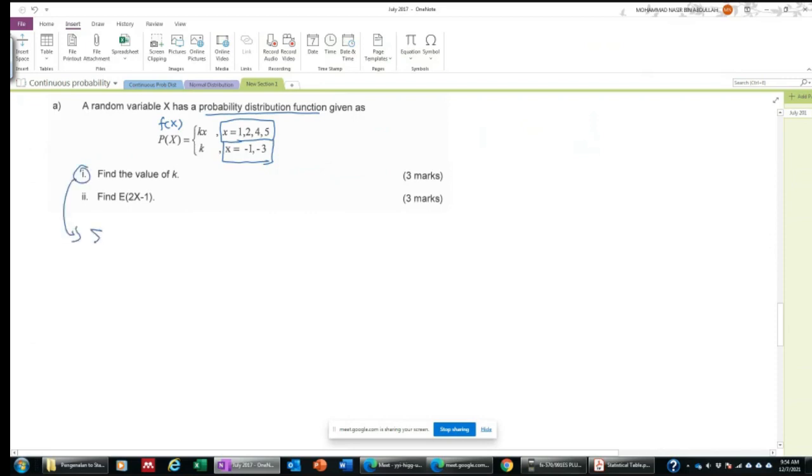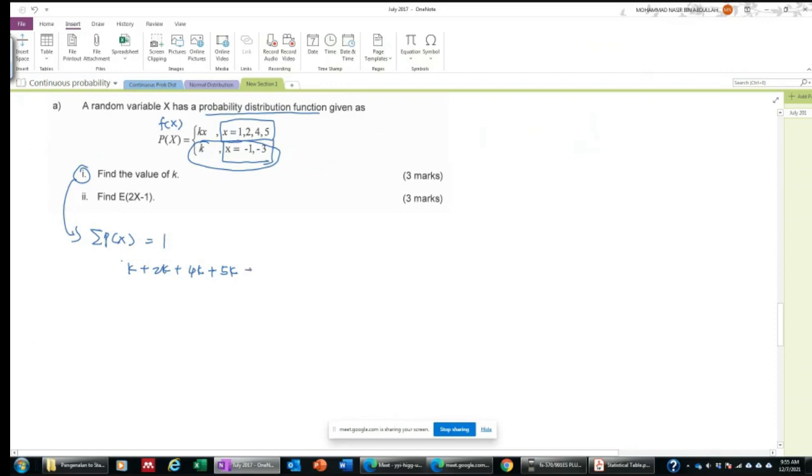To find k, the summation of f(x) should be equal to 1, right? So now we input all the values. For x equal to 1, just k, plus x equal to 2, 2k, x equal to 4, 4k, x equal to 5, 5k. And for this one, we don't have the value of x, so we only have k.